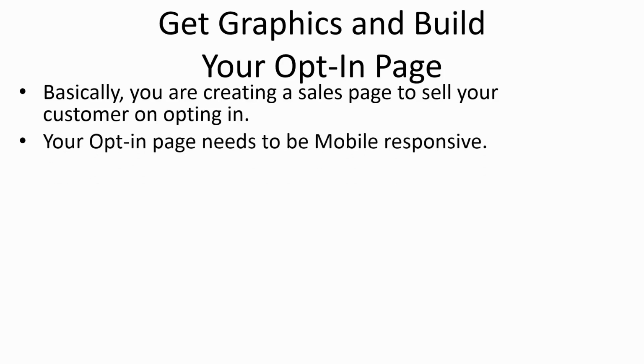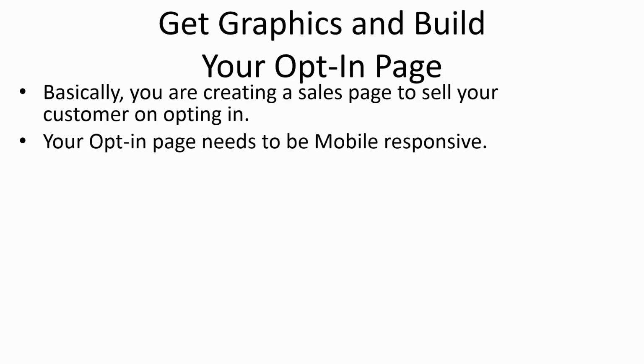Well, before I even get to the copy, and I want to stress this, more and more people are reading sales pages from their mobile device. So for your opt-in page, I don't care if you don't want to get a page builder, or you don't like any of the ones out there, your page has to be mobile responsive.